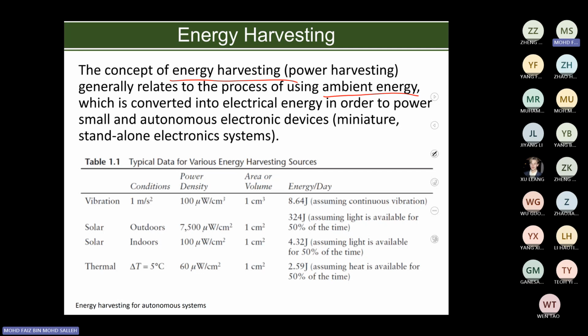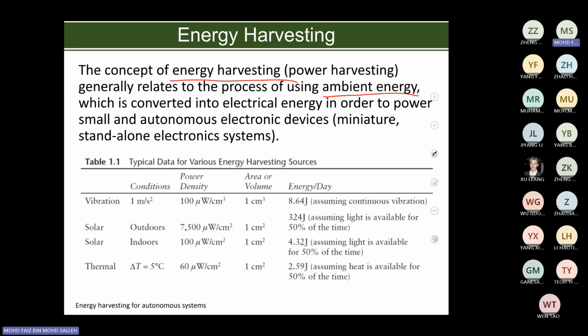But let's go back to the fundamentals, as I discussed with you all last week. You need to know where the energy comes from and how to convert it before you can do this energy harvesting. Even though you know that the thermal energy, the waste heat, is over there, for example, like your computer right now, sometimes you feel the heat.